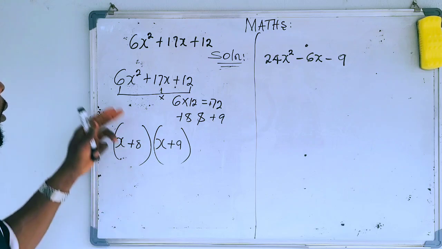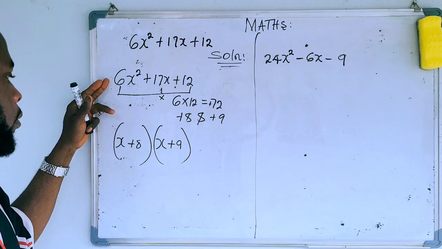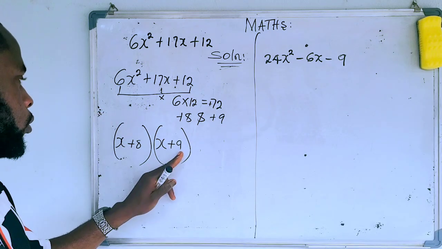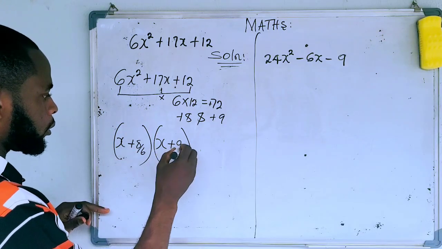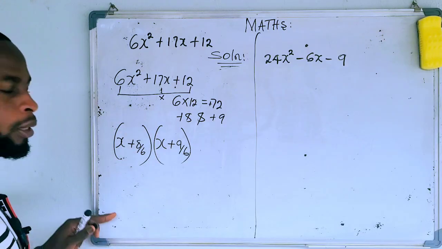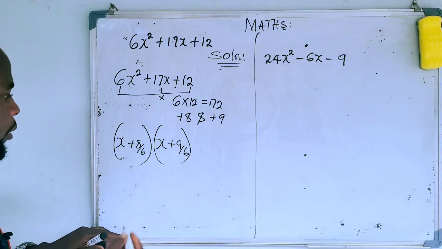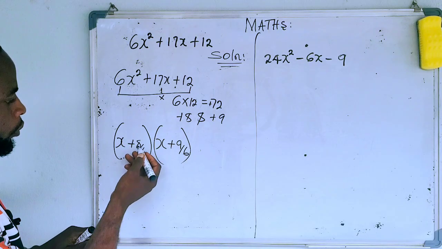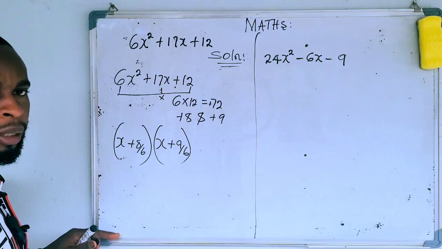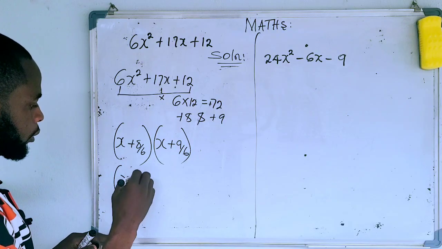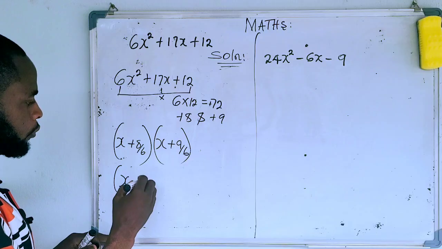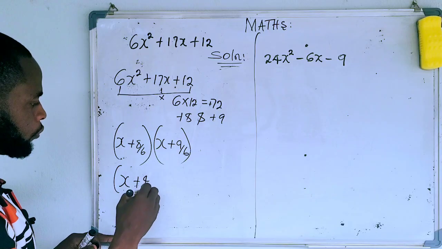Then, here we have the leading coefficient of 6. Then divide each of these factors by 6. Divide here by 6, divide here by 6. Then right here, 2 will go here. We have x plus 8 divided by 2, that will give you 4.